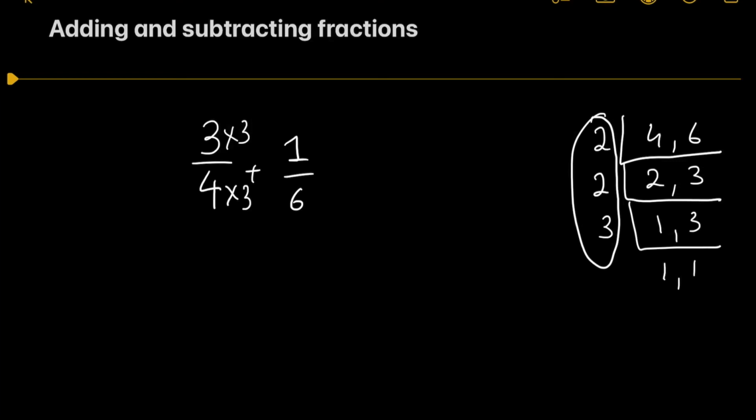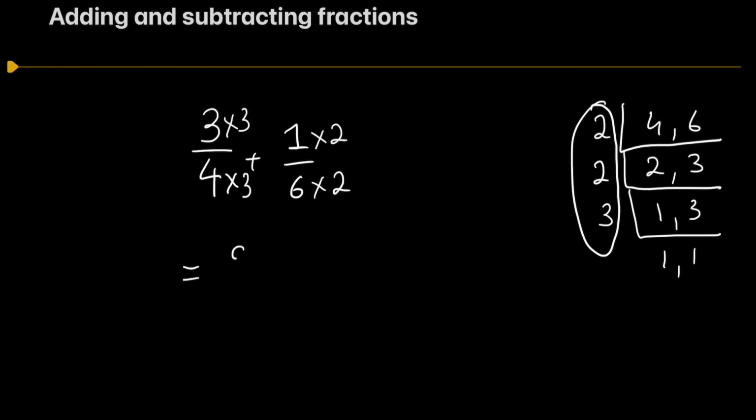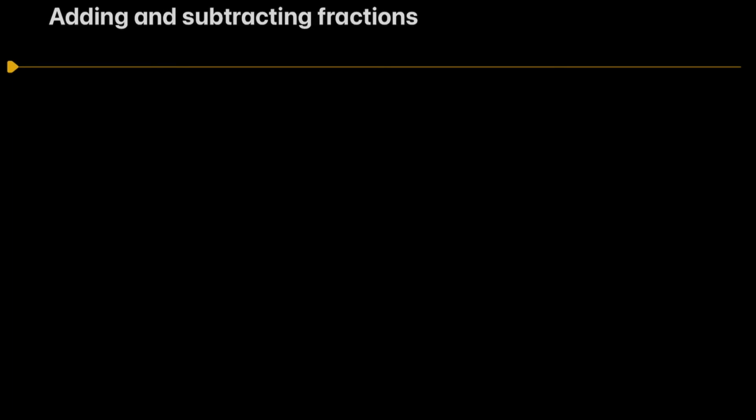Then in 1 upon 6, you can multiply 6 by 2 to get the denominator 12. Then you have to multiply the numerator 1 also into 2. Now you'll get the answer. 3 into 3 is 9 upon 12, plus 2 into 1 is 2 upon 12. Now you can easily add the numerators. So 9 plus 2 is 11 upon the common denominator 12.